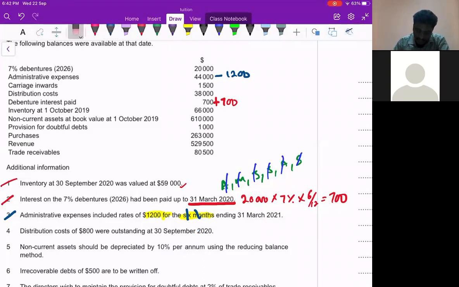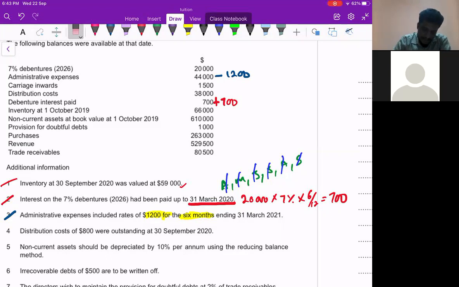But now they already give you the value for 6 months. If prepaid is 6 months, they gave you the value for 6 months. We just take this right here. Then it is supposed to be recorded in other receivables in current assets, but we are not doing a statement of financial position, so don't care about that.